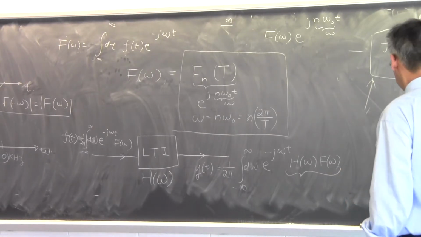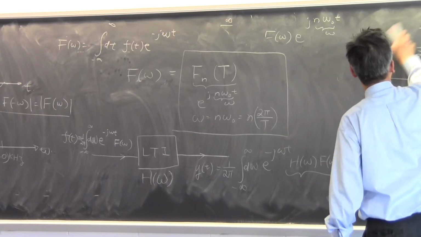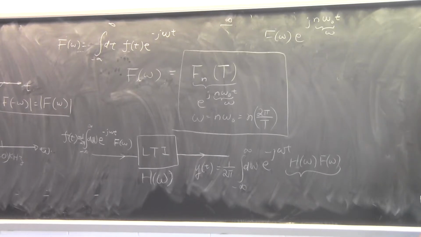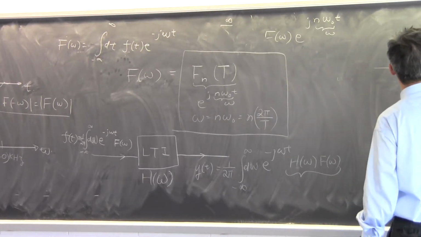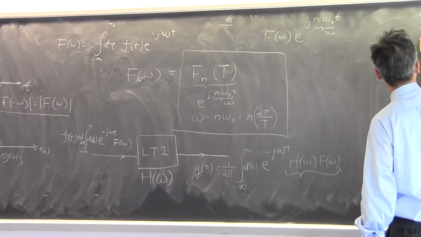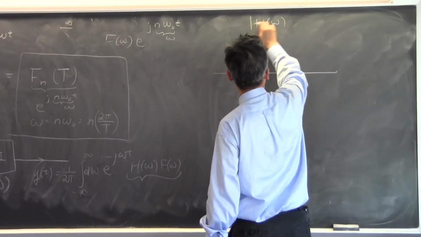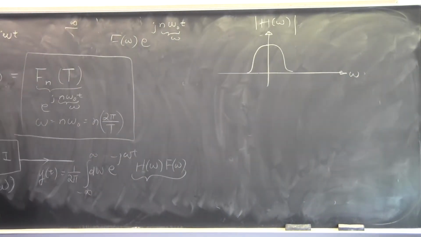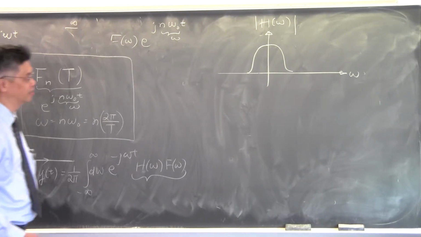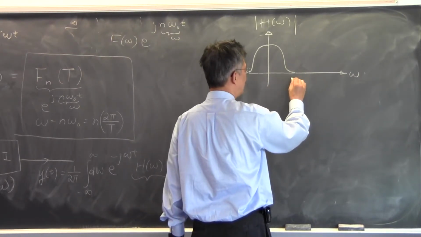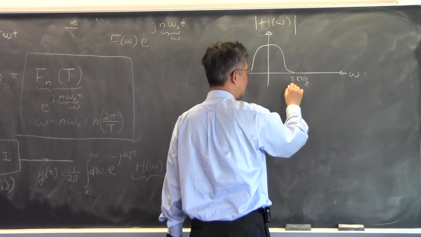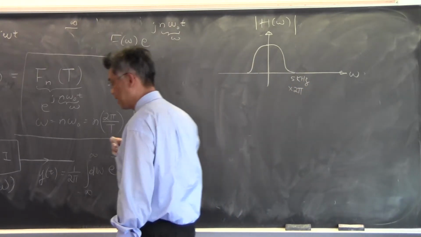So we can have an h of omega that looks something like this, and your f of omega looks something like this, and if this is 20 kilohertz, and over here is maybe 5 kilohertz times 2 pi, since 2 pi f is the omega.